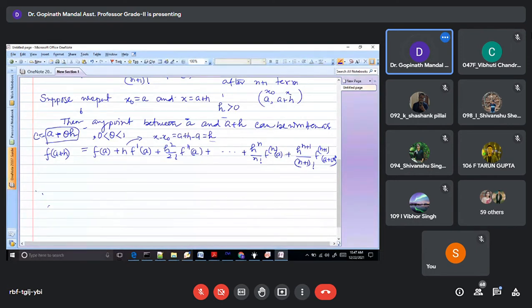Now suppose the function f(x) is a polynomial of degree m.